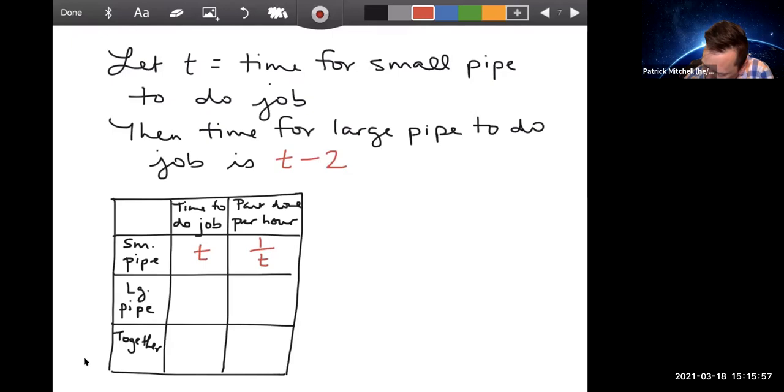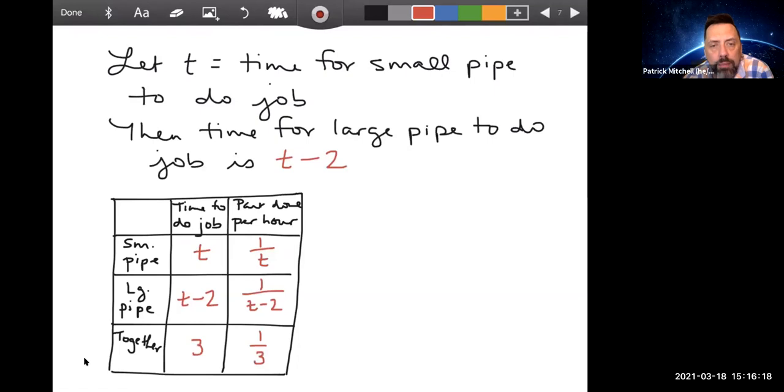The large pipe, it takes t minus 2 hours, which means the part that gets done in 1 hour is 1 over t minus 2. And they told me that if both pipes are turned on, then the job gets done in 3 hours, which means the part done by both pipes is 1/3.